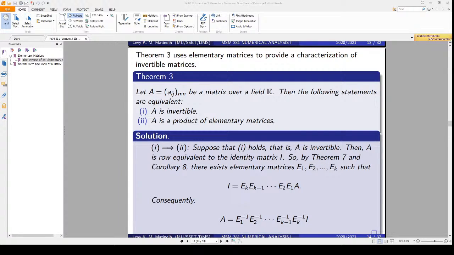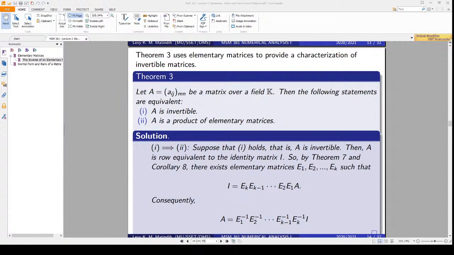Now, these elementary matrices, whose product with A gives the identity matrix, have inverse matrices. All these elementary matrices have inverse matrices, and those inverse matrices are also elementary.